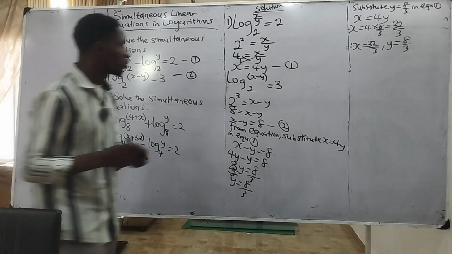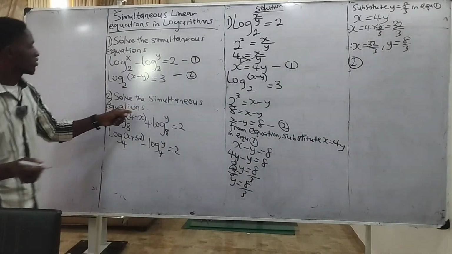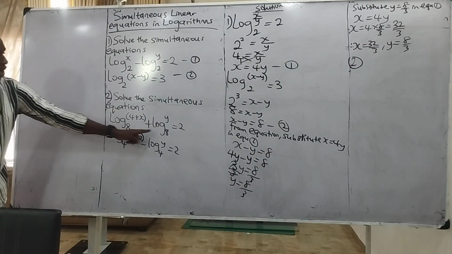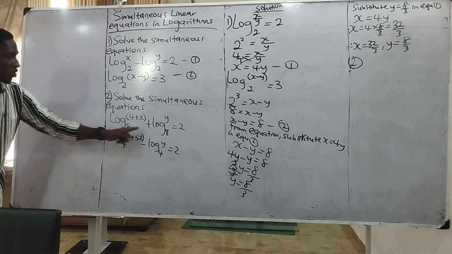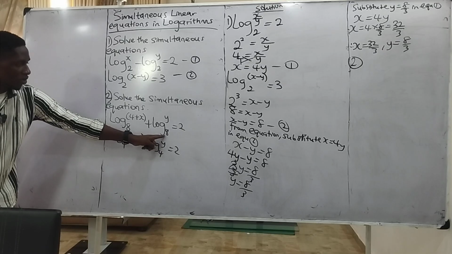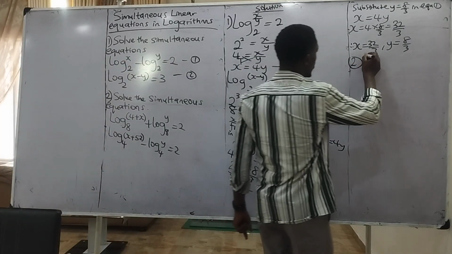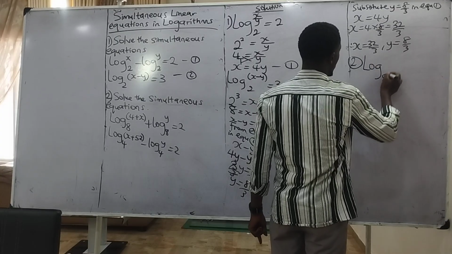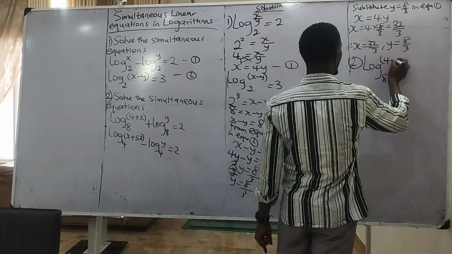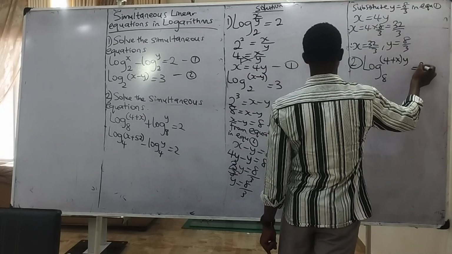Going to number 2 question, we have solved the simultaneous equation. So what law are we going to apply here? Multiplication. Remember, we have log 8 plus log this. So let's pick one of the bases. So we have log in base 8 of bracket 4 plus x times y is equal to 2.